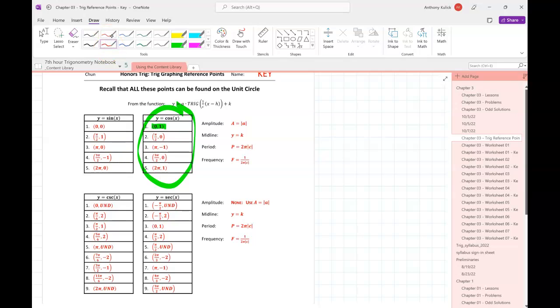Observe, what kind of point is 0, 1? Look at the y-coordinates. It's a maximum, right? It has the biggest y-coordinate of all the points on the parent function for cosine. Tells me it's a maximum.